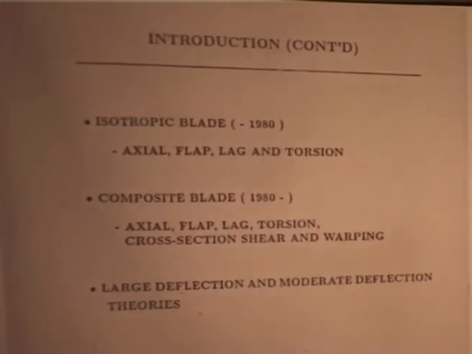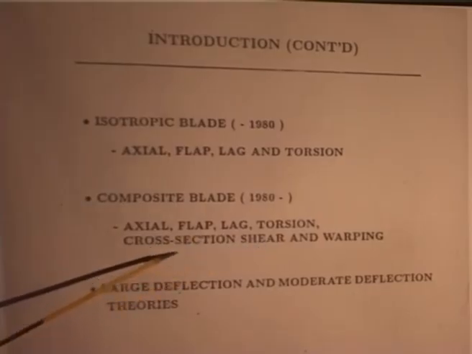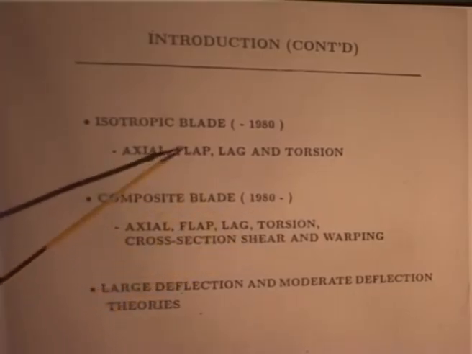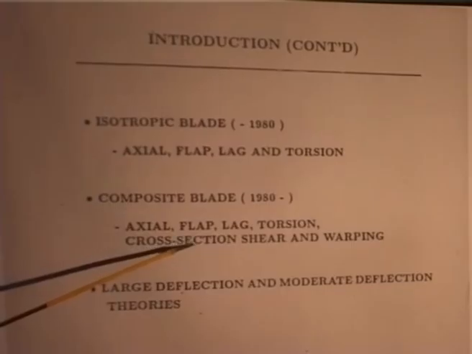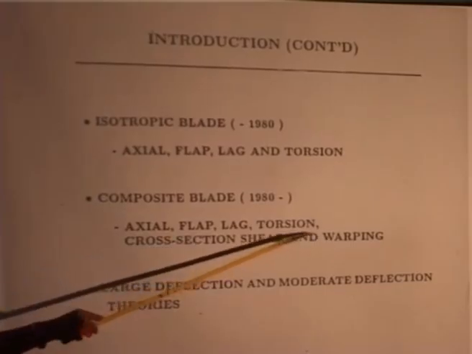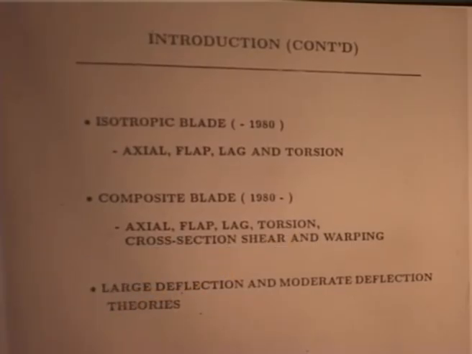But unfortunately, when you are starting the development, you always make approximations because you need to get something. So, the cross sectional shear deformation was neglected here. Then they said we will add this. Then of course warping, bending warping, various types of warping. Of course, warping for torsion is important, that has to be considered here.